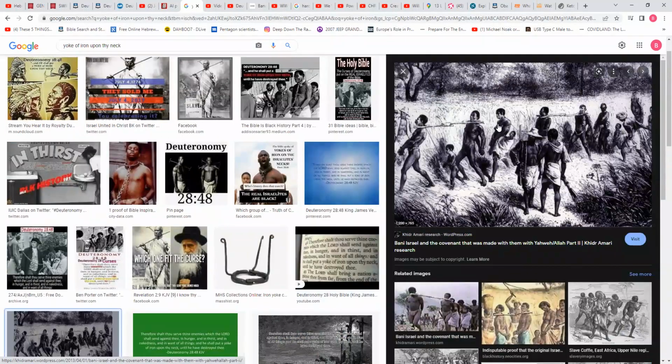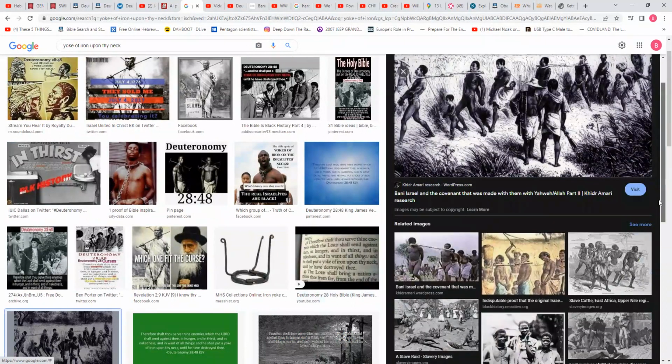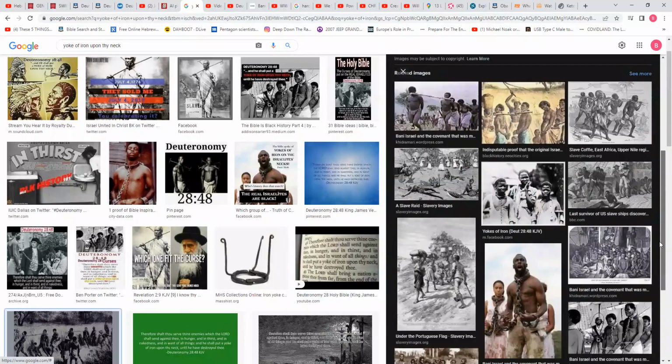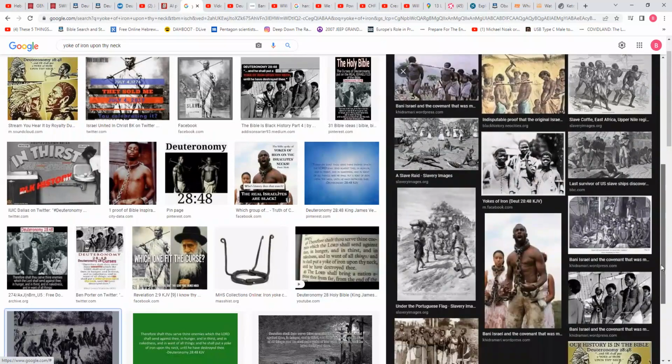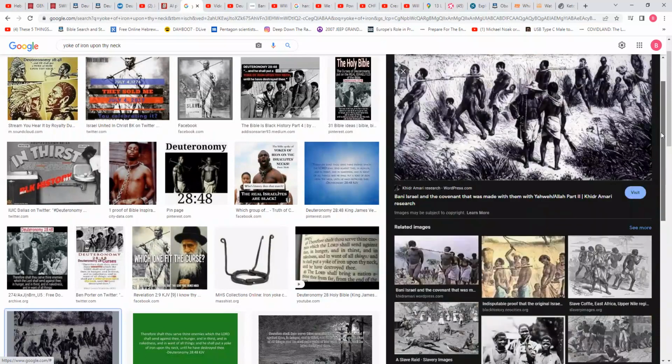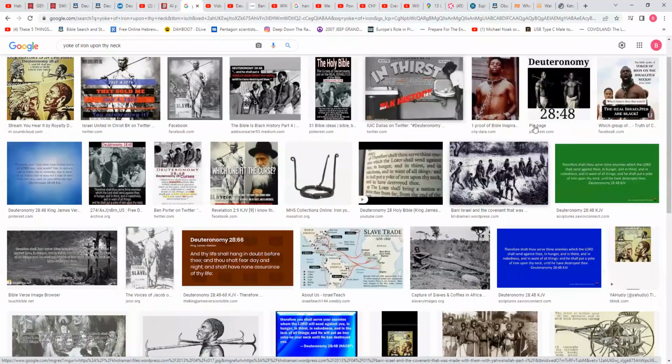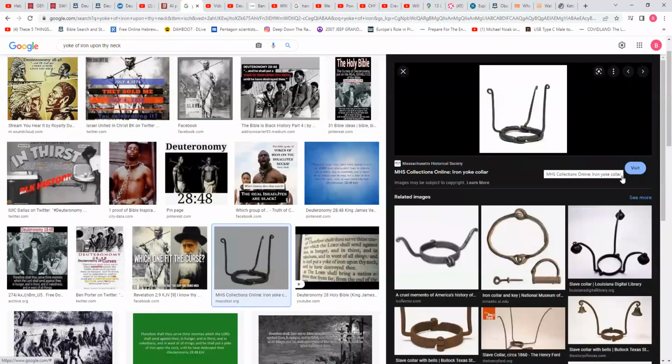These look like yokes of wood. Various styles of yokes of iron. There's a yoke of iron with bells on it. Another yoke of iron with bells on it.